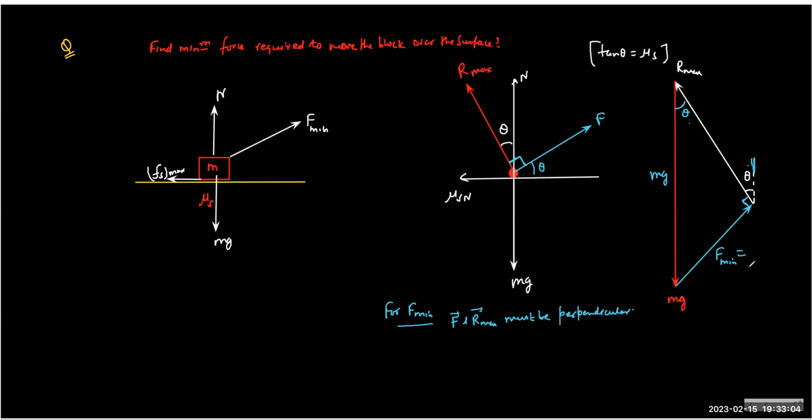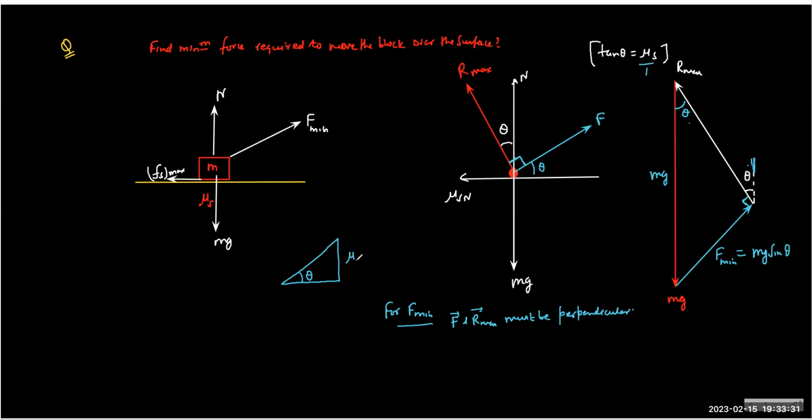Therefore, the answer is simple. If you can draw this triangle, F is actually equal to mg sin theta, and we are done. Why? Because the theta I have used here has tan theta equal to mu s, which is mu s by 1.